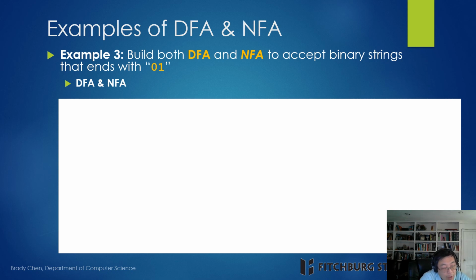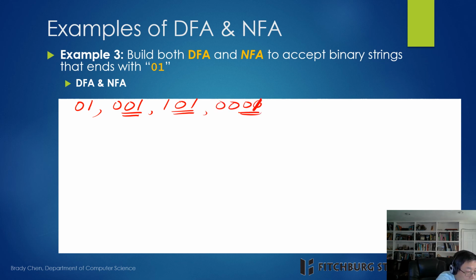That means we want to build a finite automata, whether it's a DFA or NFA, that accepts the strings that end with 01. So the strings the finite automata can accept are either 01, 001, or 101, 0001, or 1001, and so on.